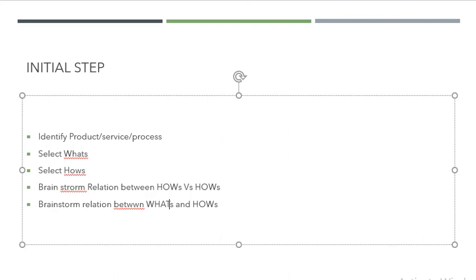Next one is brainstorming the relationship between WHATs and HOWs. We have a list of functional requirements, and all of them can have an impact on achieving customer expectations. We need to identify to what extent those functional requirements can satisfy or resolve customer expectations.